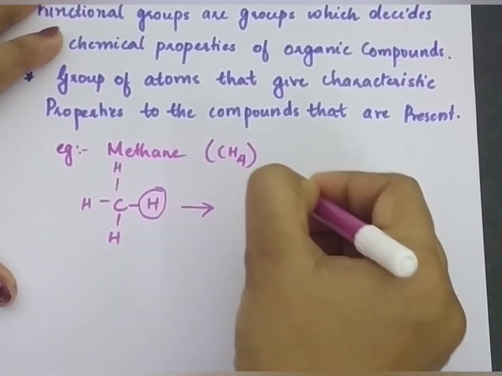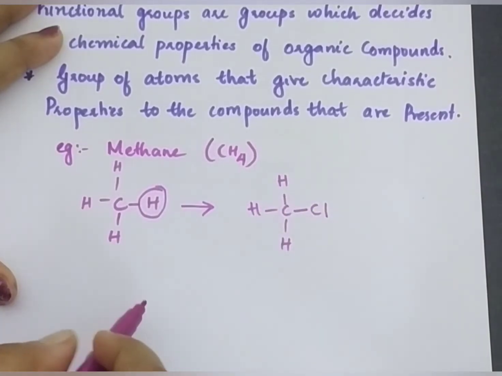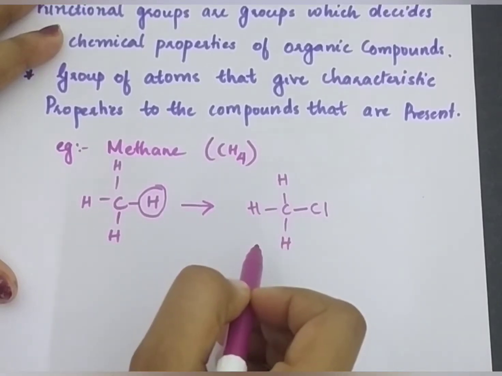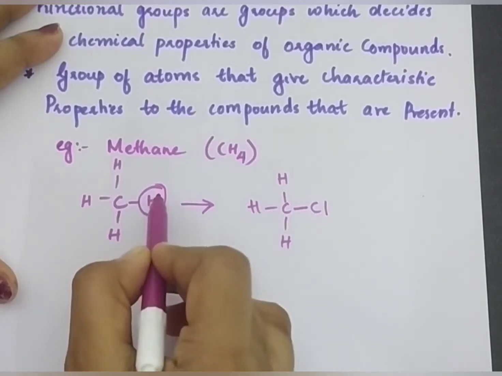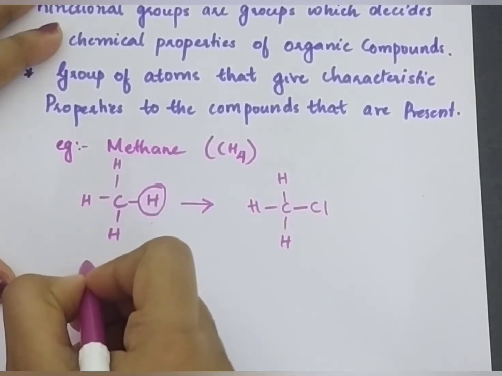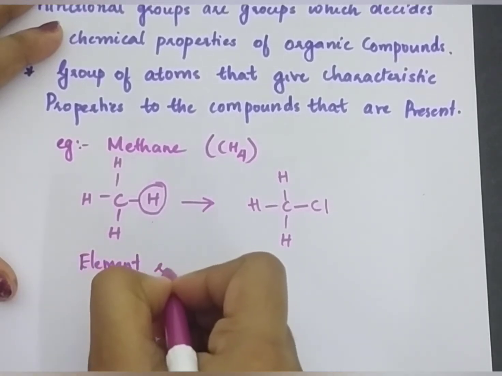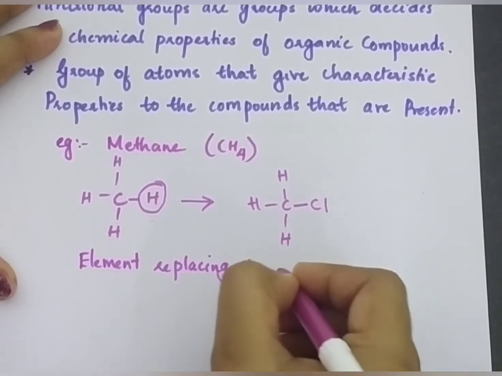Replacing this hydrogen with a halogen, that is chlorine. So what happens? Instead of H there comes chlorine. The element replacing hydrogen is called the heteroatom. So they are oxygen, nitrogen, fluorine, etc.